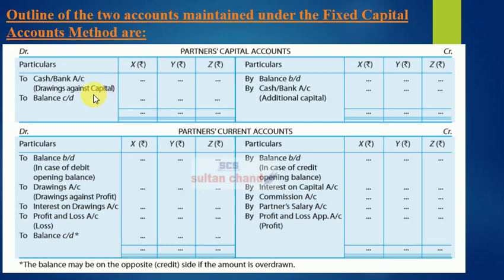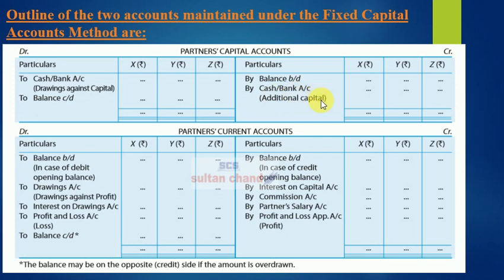And then we will do the balancing, credit side minus debit side. The balance c/d will be the second item shown, not a posting but the balancing. So only two items come on the debit side: cash or bank, and balance c/d. Only two items come on the credit side: balance b/d, and by cash or bank.